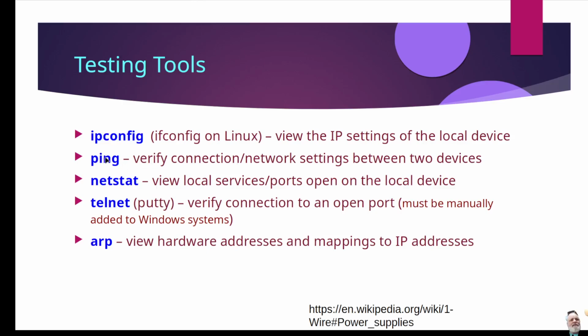There's also a ping command, which is available on any Ethernet networking device in general, which allows you to send a packet or multiple packets across the network to another device, and then if that device responds, you know your network is set up.